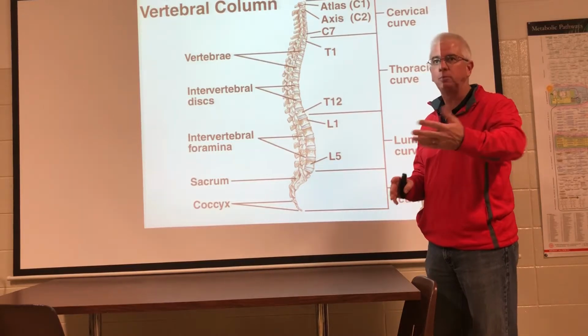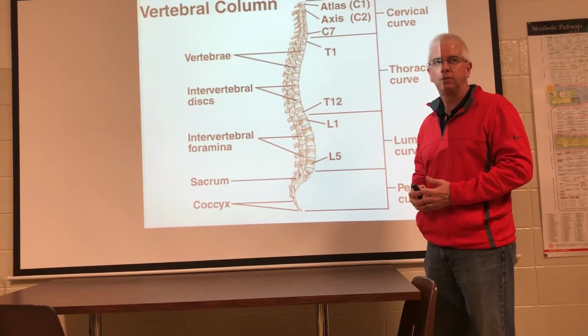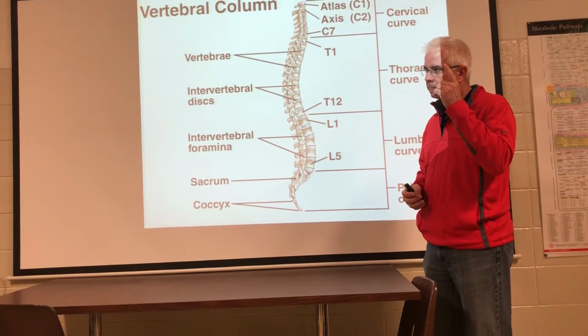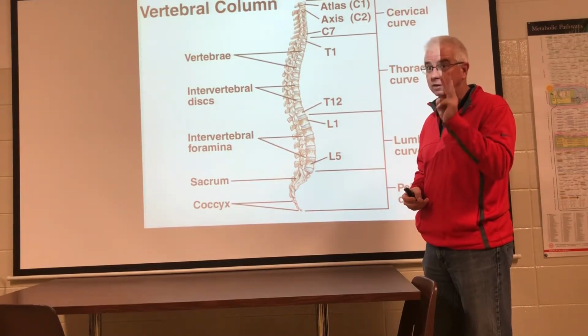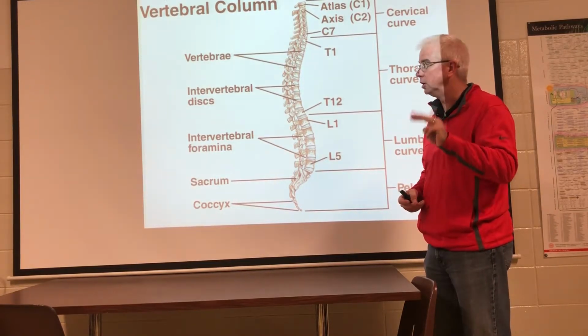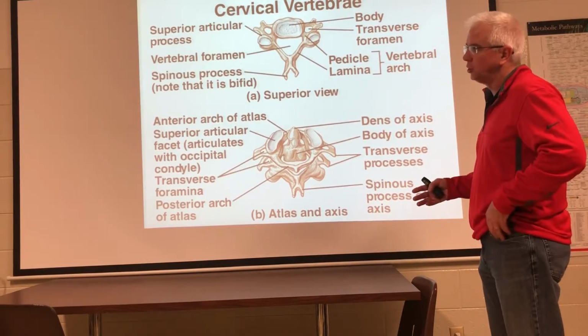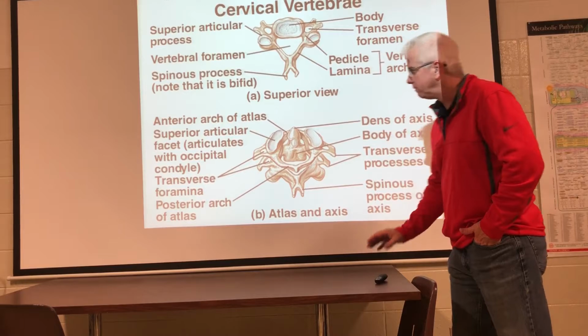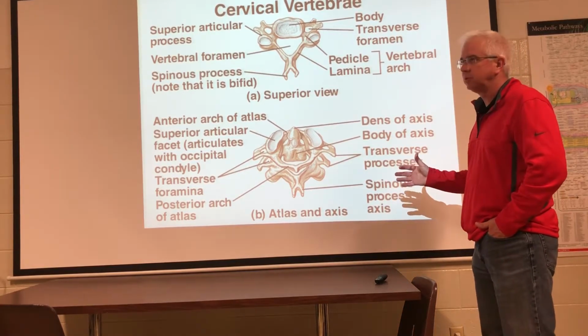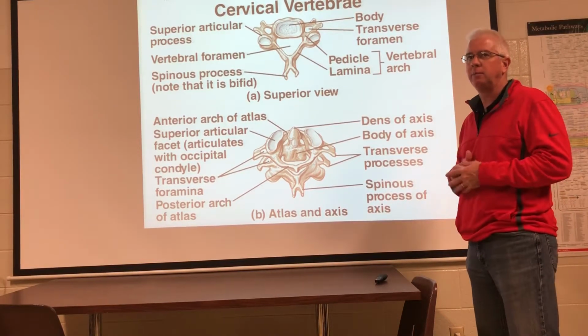The curves are natural, but if they're exaggerated, they become clinical. Scoliosis, kyphosis, and lordosis, the top 3 unusual curves in the vertebral column. Now, as you work your way down the vertebral column, you find that the bones have some particular characteristics. Y'all can help me with this, right?